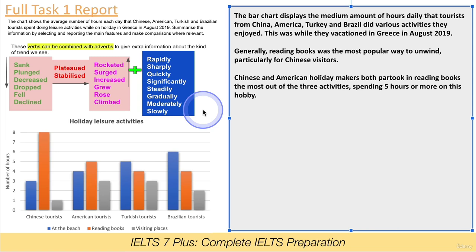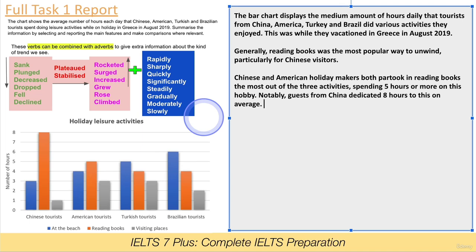Then we can talk about China. Notably, guests from China dedicated 8 hours to this on average.